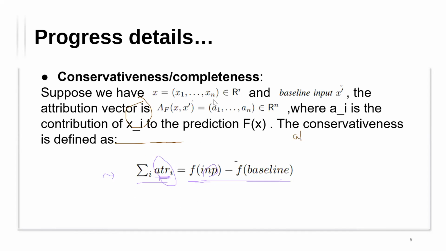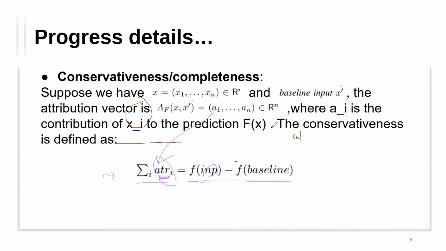So the i just means the actual i, and this Ai means the attribution. So the idea is that it quantifies the attribution, supposing the change of f from the f baseline. We're going to have such a property.